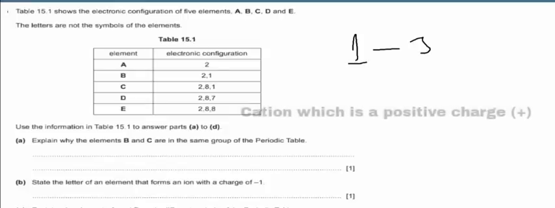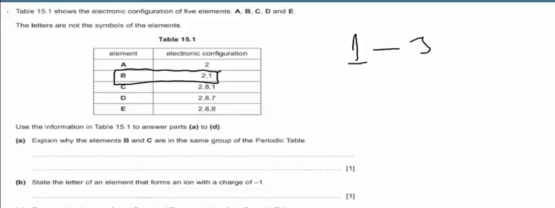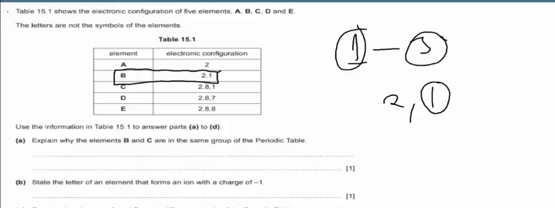element B. Of course, B is not the actual symbol of the element, so we are just going to say element B. Element B has 2, 1, meaning it is found in group 1. The elements from group 1 up to group 3 are known as metals, and metals usually lose electrons to form a cation.